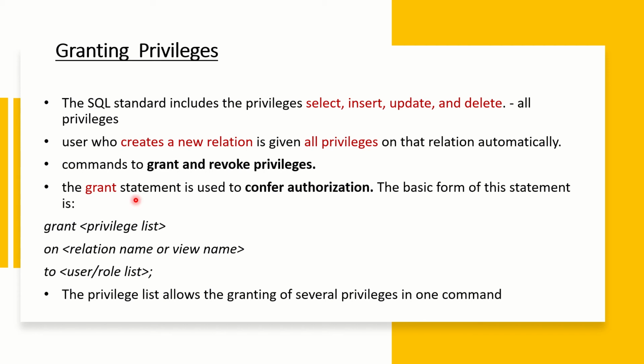First of all, we are going to study how to grant a privilege to a particular user. What is the syntax for that? The grant statement is used to confer authorization, and this is the common format of the grant command. It starts with the grant keyword, and after that we specify the privilege list.